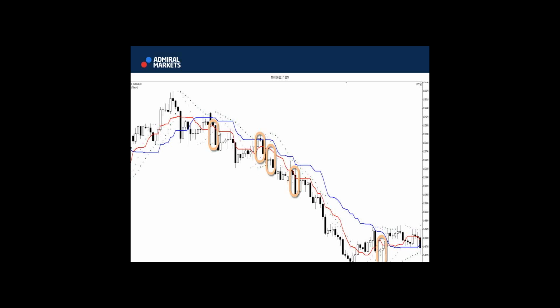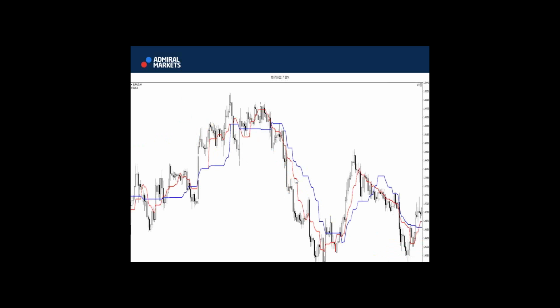So if we look at all these potential entries and exits, and look at this combination of parabolic and the Tenkan and Kijun lines from the Ichimoku indicator, you can naturally see that there could be a lot of exits upon the pullbacks to the Tenkan lines and to the Kijun lines, but that they would be at a disadvantage compared to traders that have been more patient waiting for their targets.